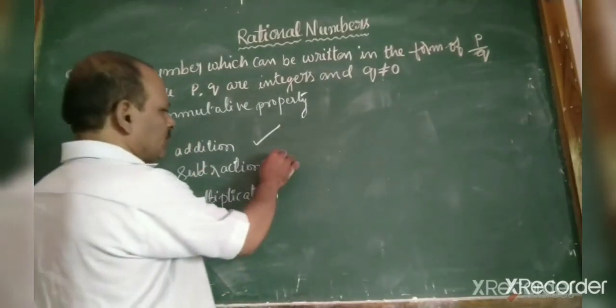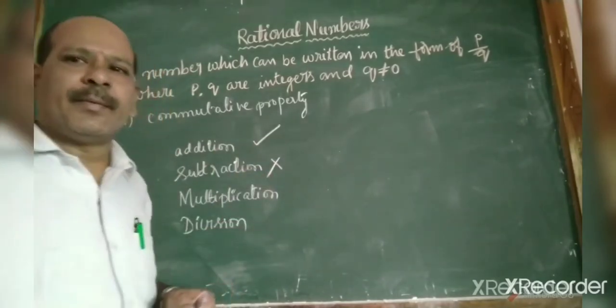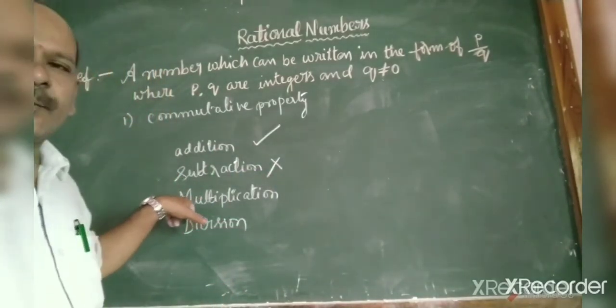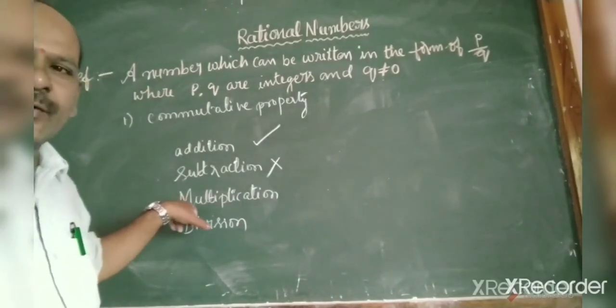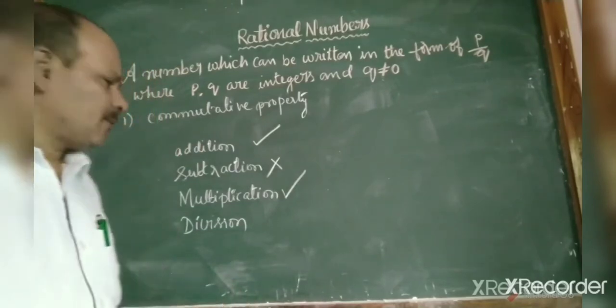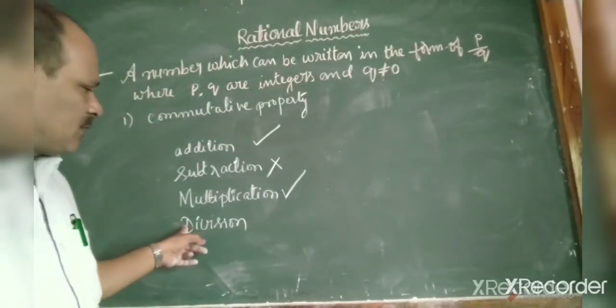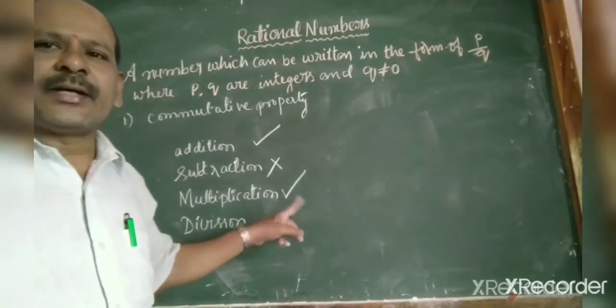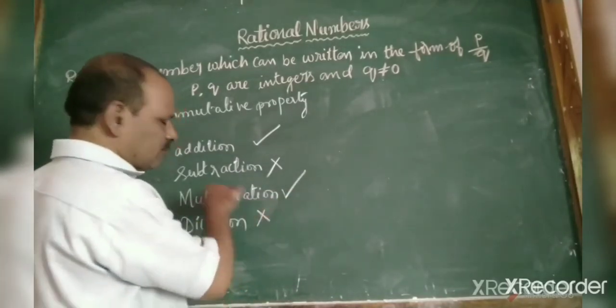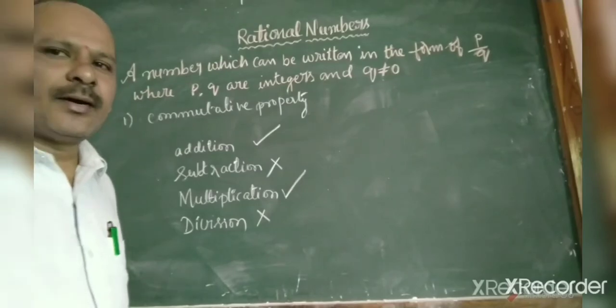No. A minus B not equal to B minus A. So, rational numbers are not commutative under subtraction. Next, multiplication. Are rational numbers commutative under multiplication or not? Yes. A into B is equal to B into A. Finally, division. A divided by B not equal to B divided by A. So, rational numbers are not commutative under division.